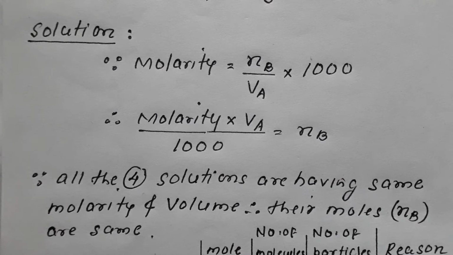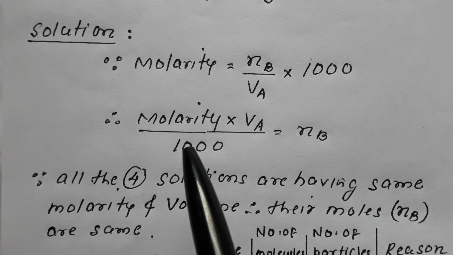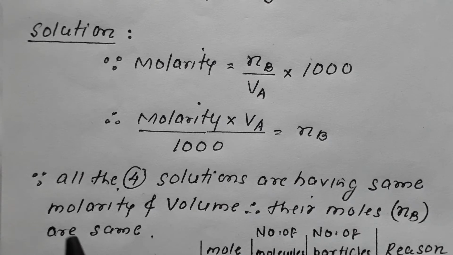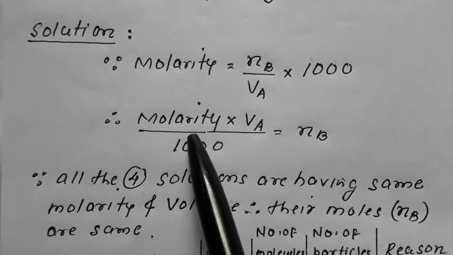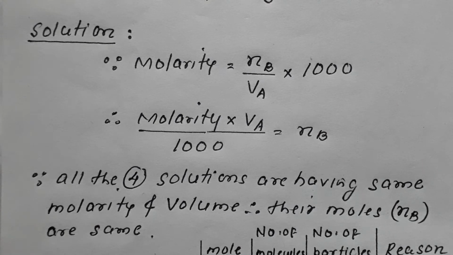In the problem given to us, all four solutions are 0.1 molar and all have the same volume, 100 ml. Therefore, since molarity is the same and volume is the same, the moles of all four solutions are the same.